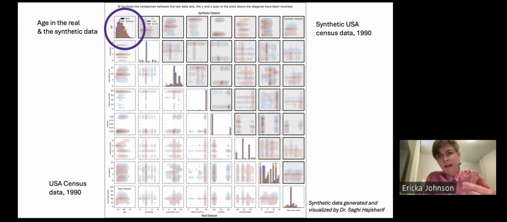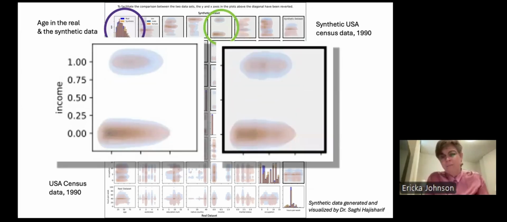But then, poor Sagi, I was like, you know what, that's great, but what about the intersectional aspects of this data set? So she's like, well, let's look. And here, for example, you can see the age, income, and gender intersection of the real and the synthetic data. And if you look at these next to each other, the real is over on the left and the synthetic is on the right. You can see that here too.